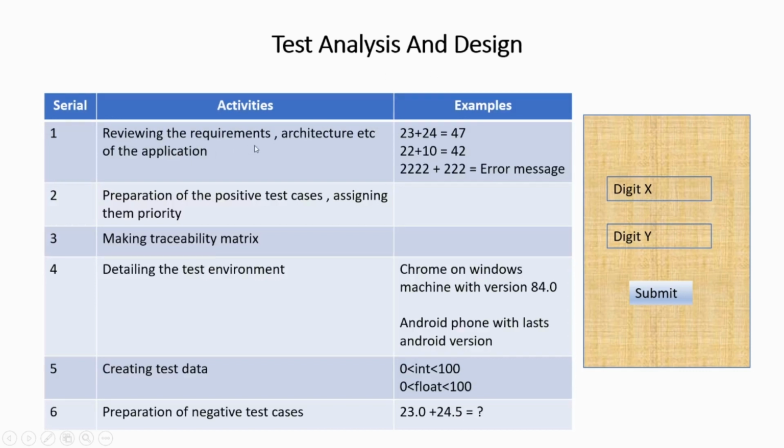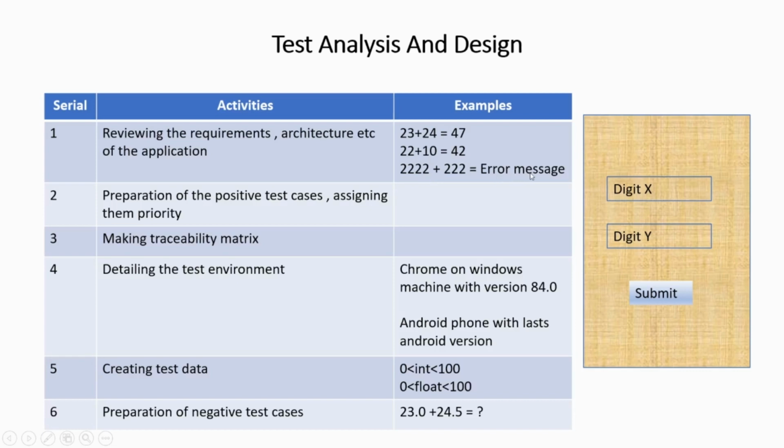We have to review the requirements and architecture of the application. What do I mean by reviewing the requirements? We will review the requirements on our own, asking ourselves some questions. The requirement says we have to enter something and we will get the plus operation of these two digits. What will happen if these digits comprise 4 places?